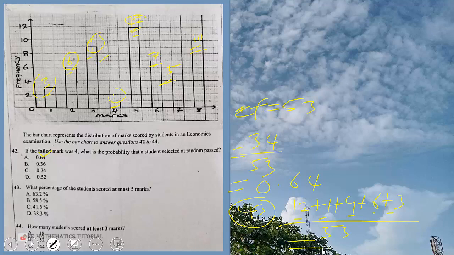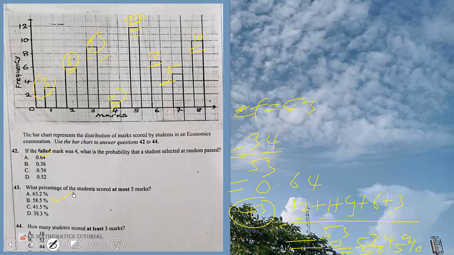So this will be equal to 0.5849. So this is approximately equal to 58.5%, which is B.